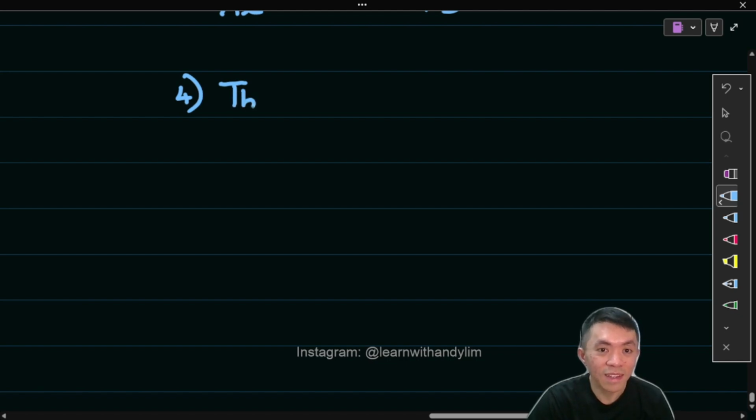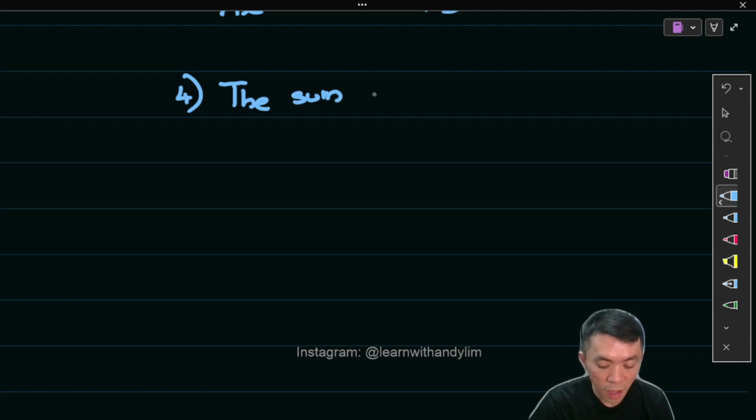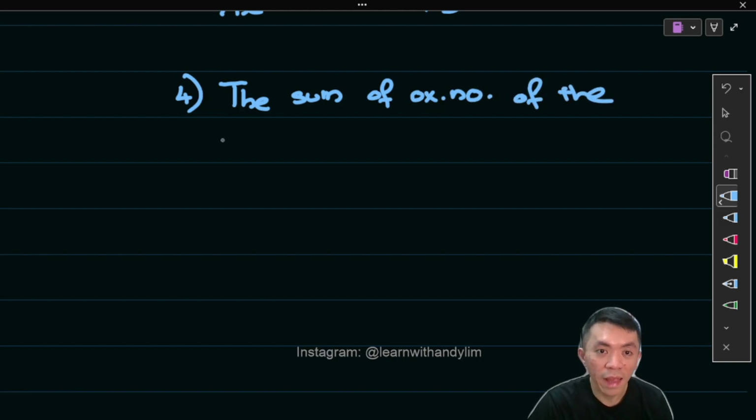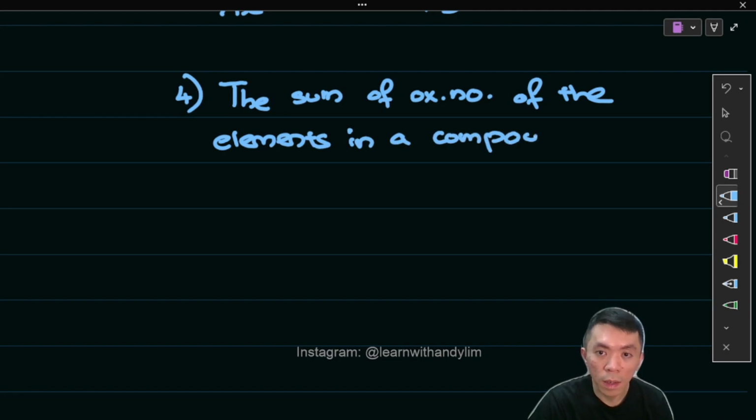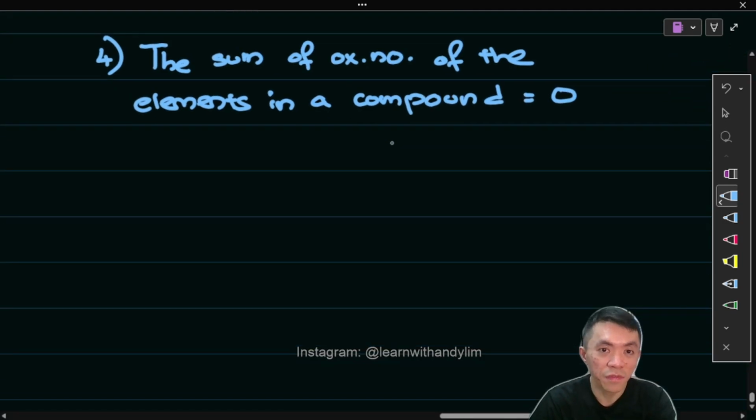It says the sum of oxidation numbers of the elements in a compound is equal to 0. Let's have a look here.